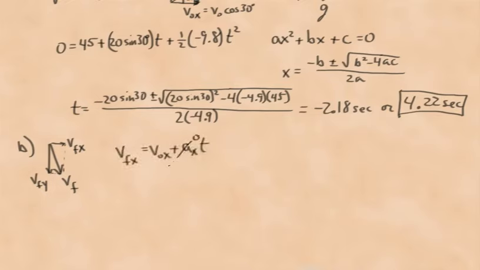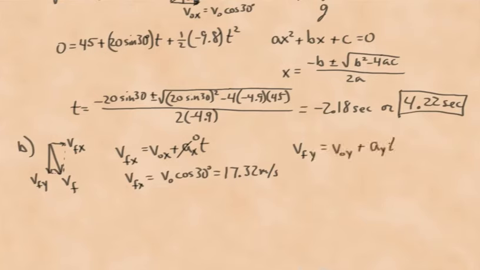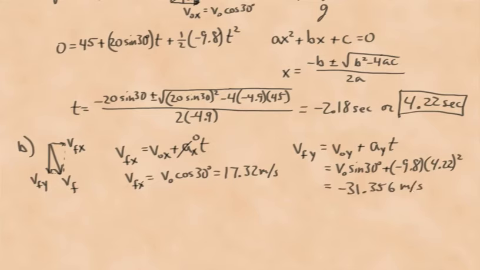Remember, there is no acceleration in the x direction, so v final x is just v0x. So the final x velocity is 17.32 meters per second. The final y velocity is negative 31.356 meters per second.